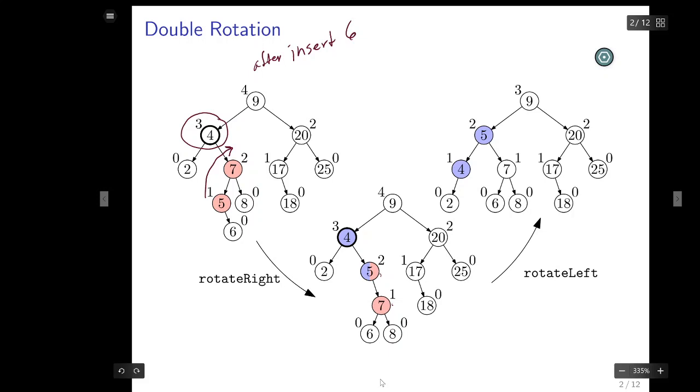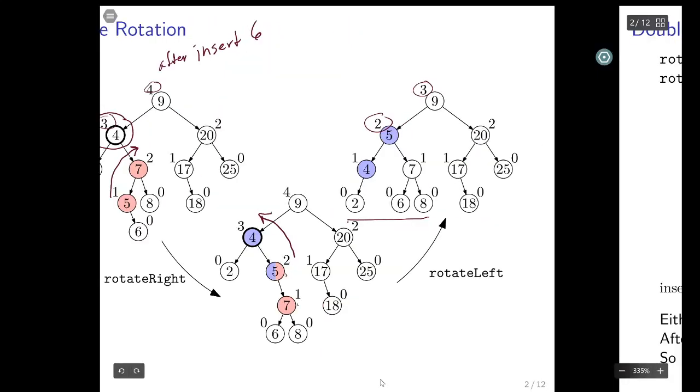First comes the rotate right, and then comes a rotate left. After that, we restore the balance of the tree, and in fact, we decrease the height of all of these nodes. They used to be 3 and 4, and they drop down to 2 and 3 again. Okay, that's the double rotate. It looks like 2 single rotates applied in succession.